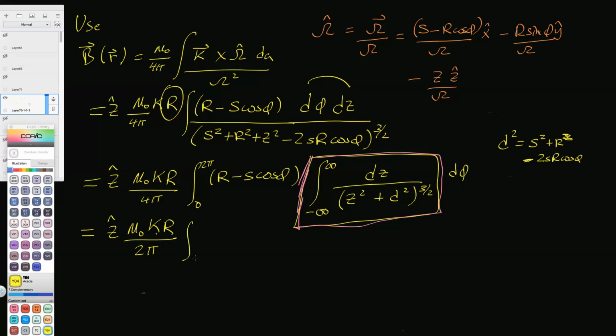So then we have 0 to 2 pi, and now we have r minus s cosine phi on the top, d phi, and on the bottom we have d squared, which is just s squared plus r squared minus 2sr cosine phi. So there's no square root or anything anymore, which is nice, at the very least.